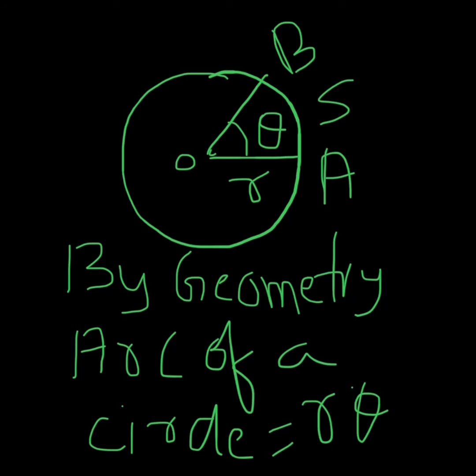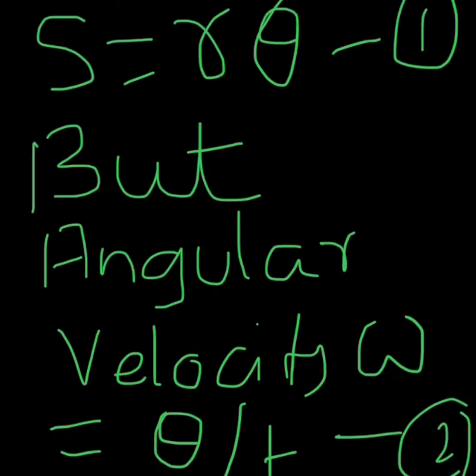Let r be the radius of the circular path. Then by geometry, we know that the length of the arc of a circle is equal to r times theta, or in other words, S is equal to r into theta. Let this be equation number 1.